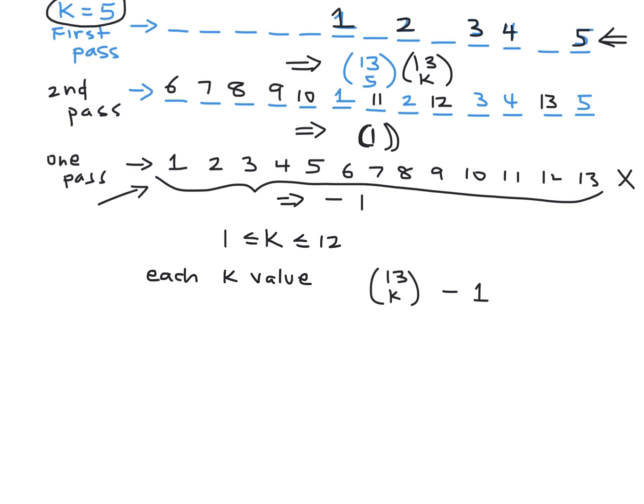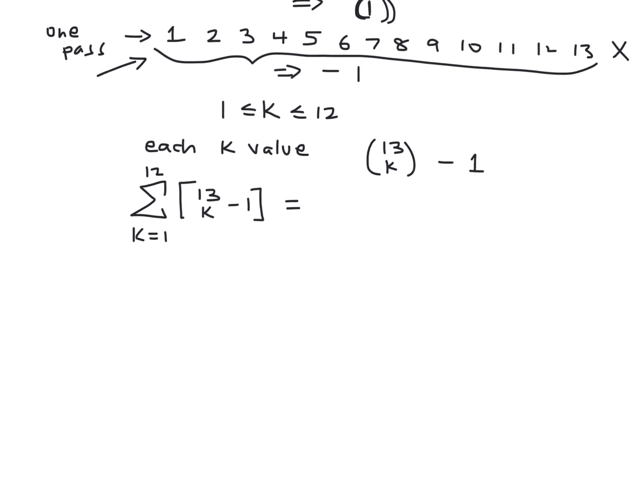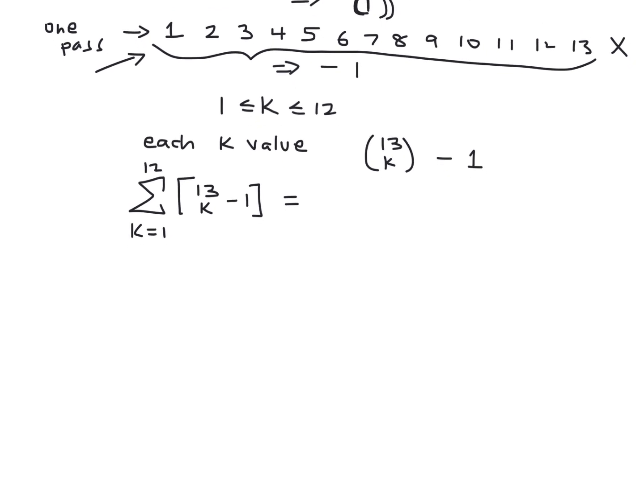So essentially it becomes a summation where k is going from 1 to 12, and you're calculating 13 choose k minus 1 for each of those. And I think most of you are pretty familiar with summation notation. So this would basically be 13 choose k for k equals 1 through 12, and then this will be a minus 12. We can put that out there.